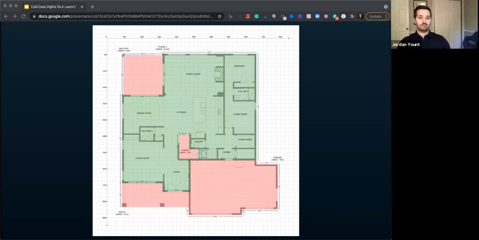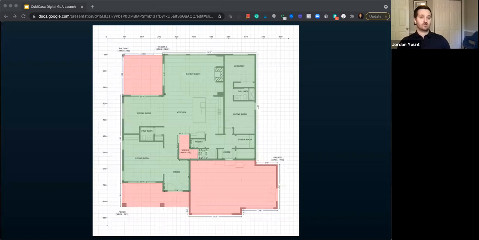Here's the look for you. The green areas are livable, the red areas are non-livable and are excluded from that overall number. I know the number at the top is a little bit small. If I was able to zoom in, I would, but it shows the total area for the floor. It also shows the total area for those excluded spaces. The porch, the garage, the balcony, and the stairs, depending on where they originate, are excluded from that number.